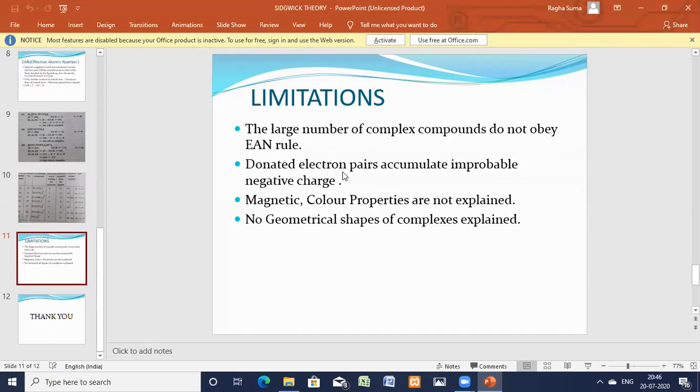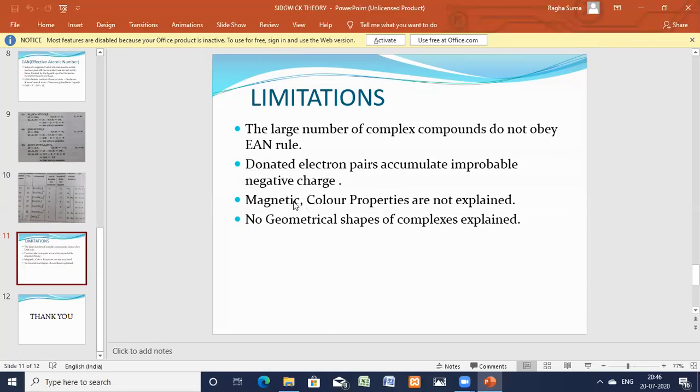And the magnetic properties as well as the color properties are also not explained. Similarly, the geometrical shapes of the complexes like octahedral, tetrahedral, and square planar complexes, how the ligands are approaching, how it is forming, what is the shape of the complexes, were not explained.